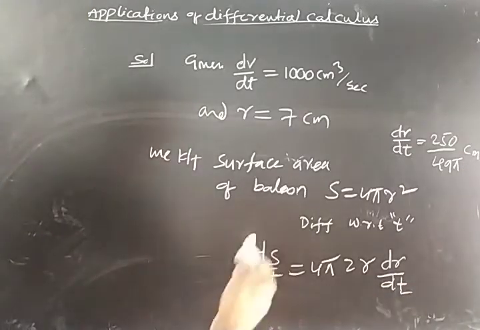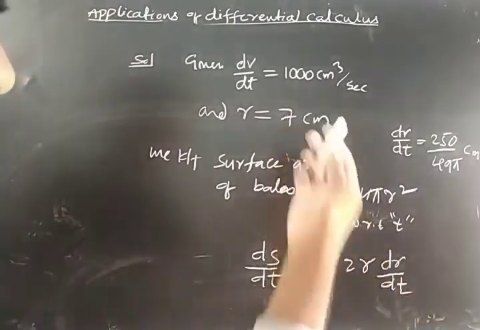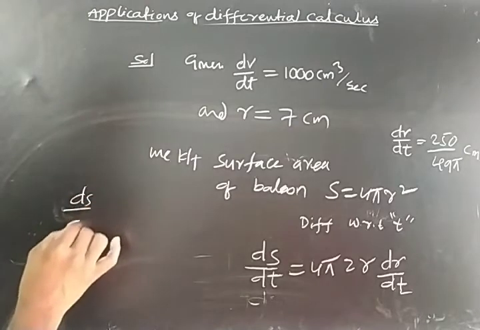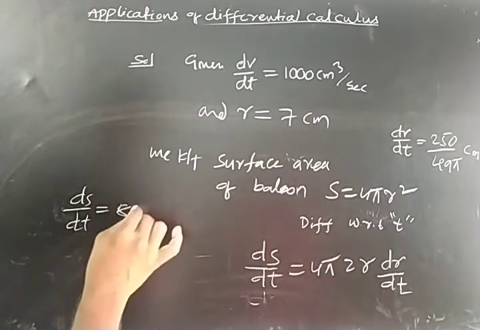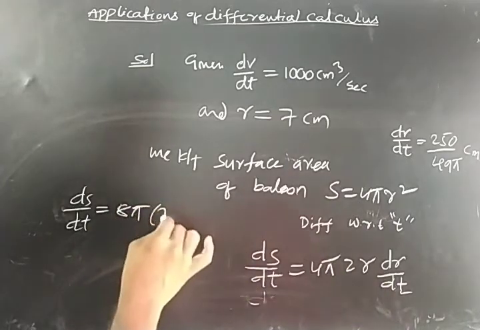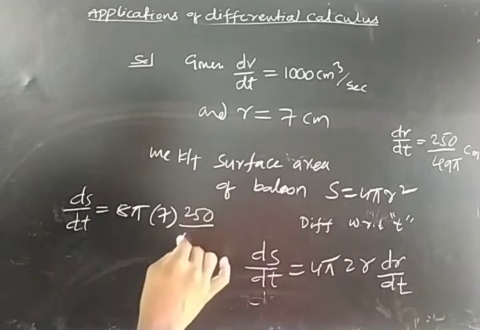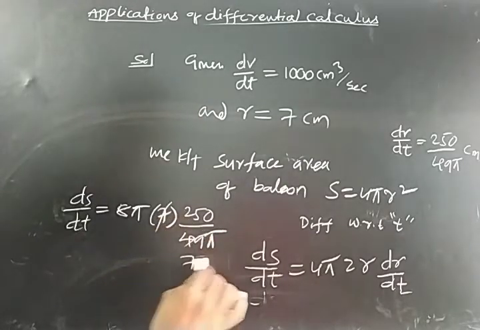Now we are finding ds by dt. Already we got dr by dt here. You can substitute, and r is given 7. So I am substituting in this. You will get ds by dt is equal to 8 pi into r value 7 and dr by dt value 250 by 49 pi. Here 7 into 7 is 49.